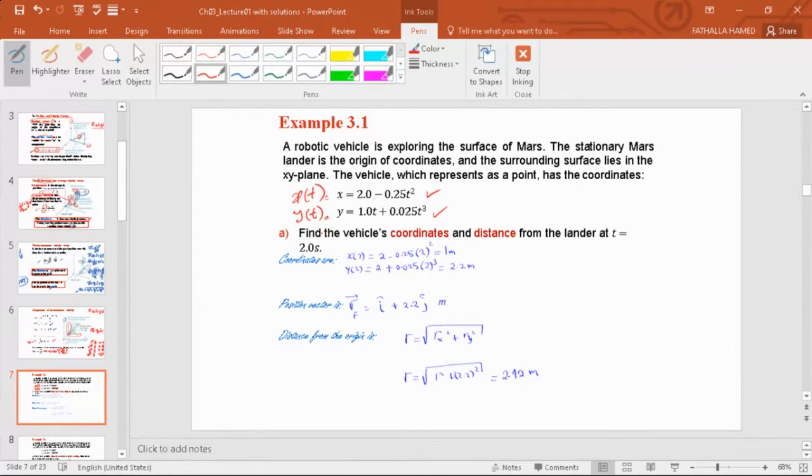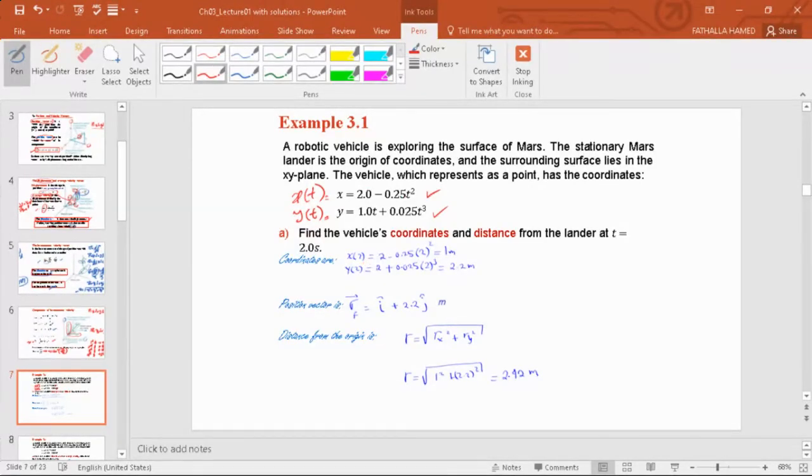They ask us to find the vehicle's coordinates and distance from the lander at 2 seconds. So they want the coordinates, and they have already given me the coordinates as a function of time. So at 2 seconds, I'm going to look at x of 2 seconds.